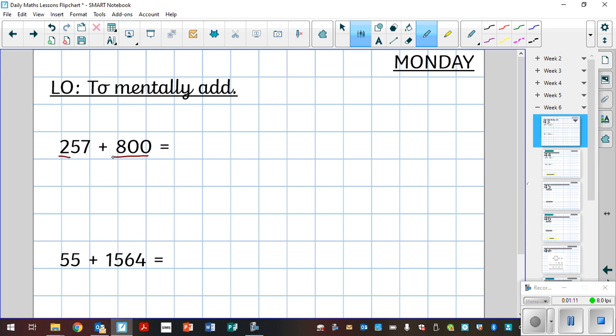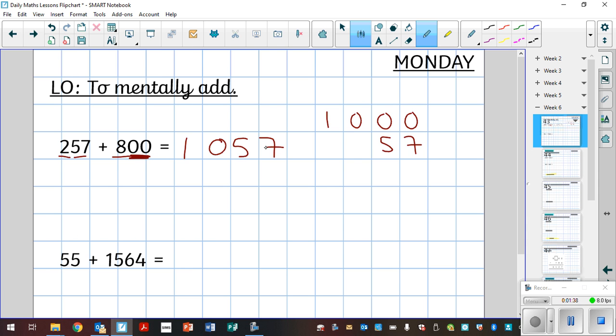So 200 and 800 would be 1,000. Now if we have a look at the 800, there's no tens or ones. So the 57 here, we would just need to add on to the 1,000. So mentally adding 257 and 800, we would get 1,057.